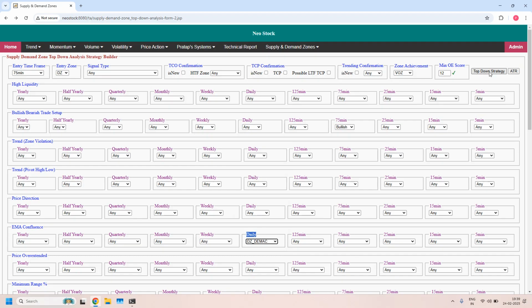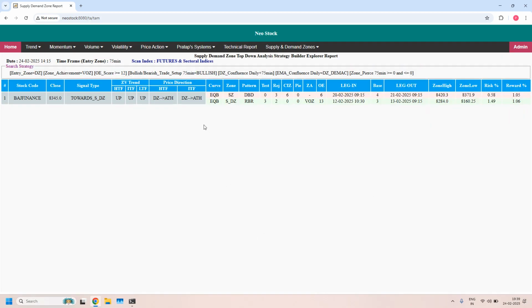If daily demand zone having daily EMA confluence, then those stocks are even more high probability trade setup supported stock. Let's verify. So this one stock is having a EMA confluence. So this 75-minute zone is overlapped with the daily demand zone. That daily demand zone having daily EMA confluence. That way this is even more high probability trade setup supported stock. Next we will look into LTF, ITF and HTF demand zone confluence.